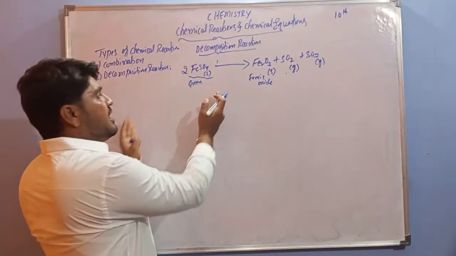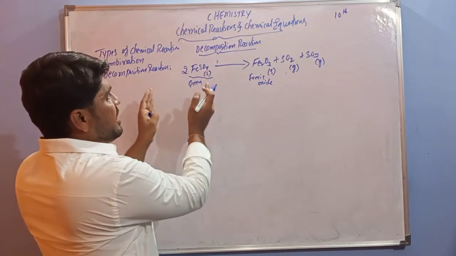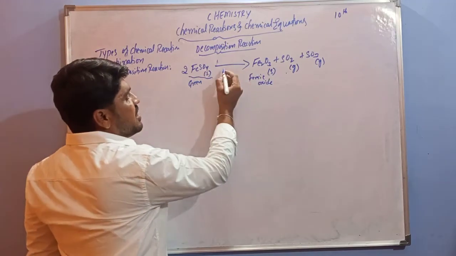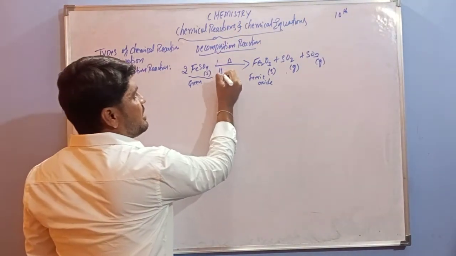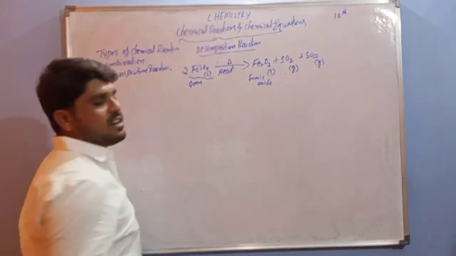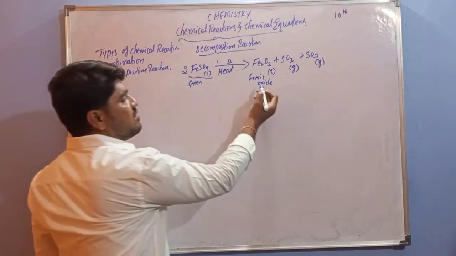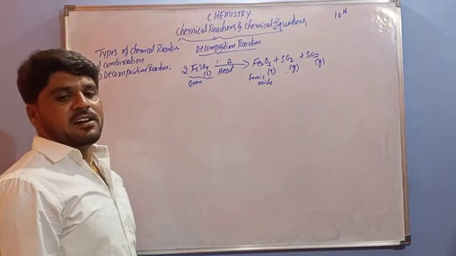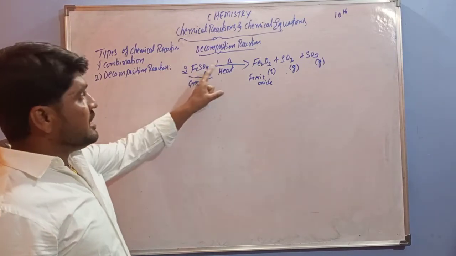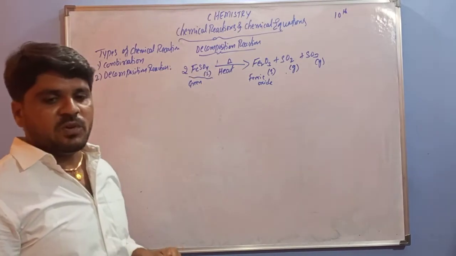This ferrous sulfate reactant changes in the presence of heat. This delta represents heat or temperature. It will give ferric oxide, sulfur dioxide and sulfur trioxide. This is a decomposition reaction.